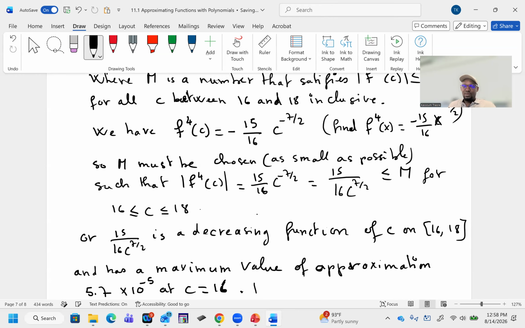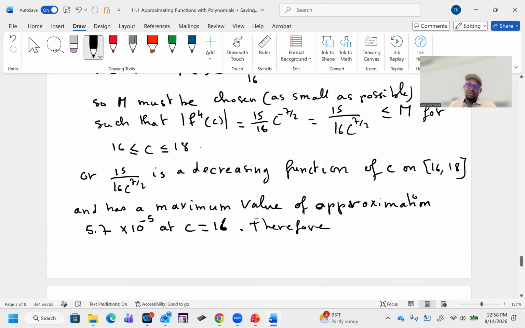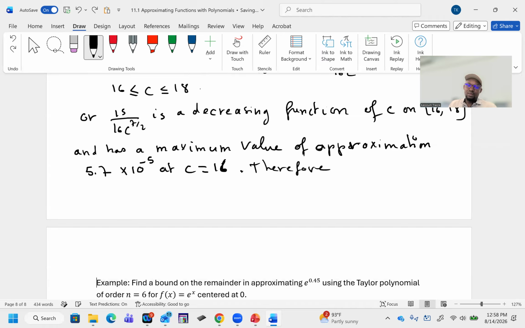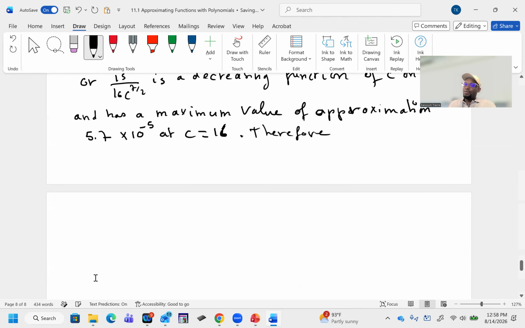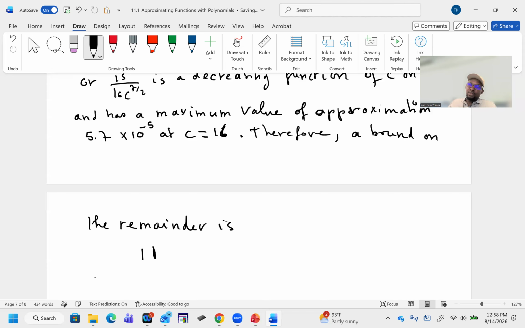So therefore, a bound on the remainder is the absolute value of R3 of 18 should be less than or equal to 2 divided by 3 times M, which is approximately 2 divided by 3 times 5.7 times 10 to the power of negative 5.